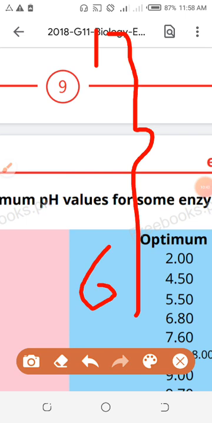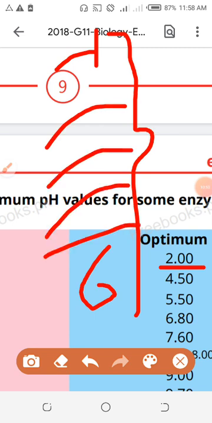When we say pepsin works in acidic medium, it means pepsin ranges from 1 to 6. So why is 2 written then? Pepsin can work at 1, 2, 3, 4, 5, 6, because we say pepsin works in acidic medium. Why do we say 2 is the optimum?